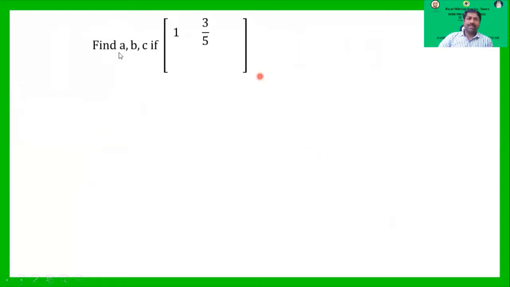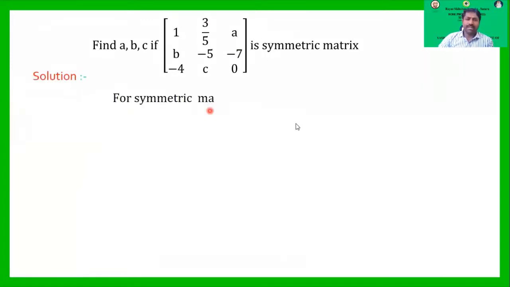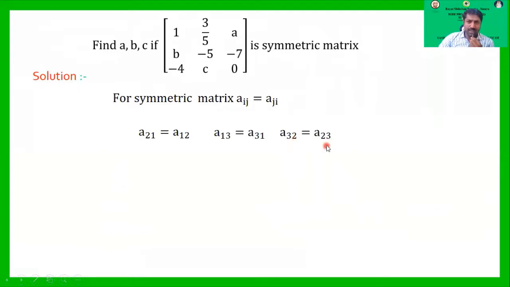Now we have the example, find a, b, c if the matrix is symmetric. So this matrix is symmetric and we know that the non-diagonal elements are symmetric about the diagonal. For a symmetric matrix, Aij is equal to Aji. So A21 is equal to A12, A13 is equal to A31, and A32 is equal to A23.